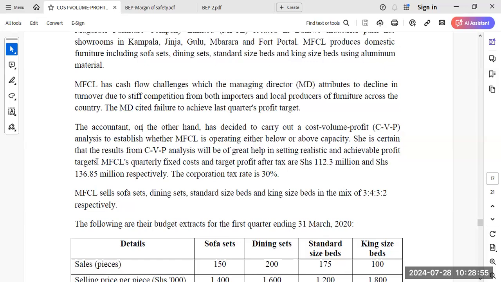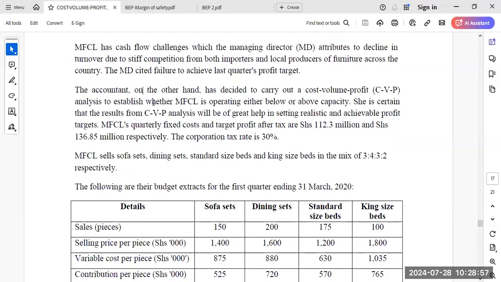Okay? This accountant is certain that the results from CVP analysis will be of great help in setting realistic and achievable profit targets. The company's quarterly fixed costs and target profit after tax are shillings 112.3 million and shillings 136.85 million respectively. This is based on quarter. The first figure is for fixed costs, then the next figure is for profit after tax.